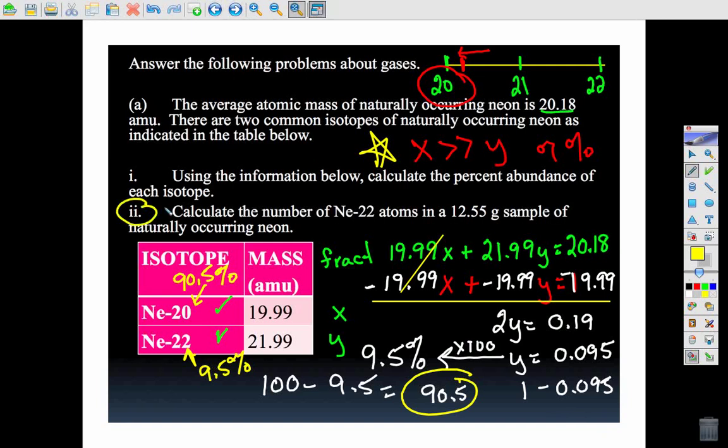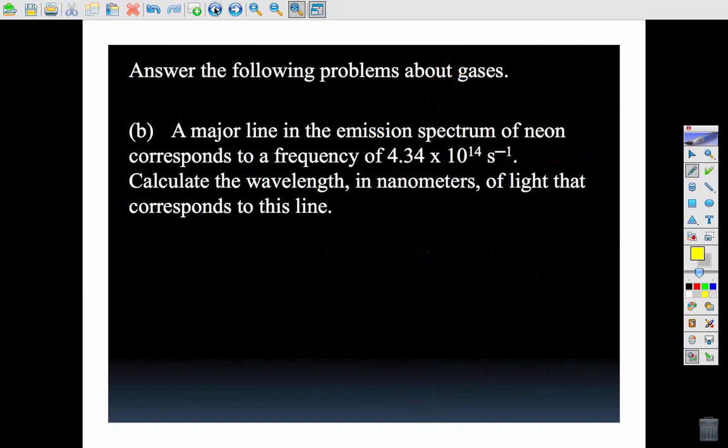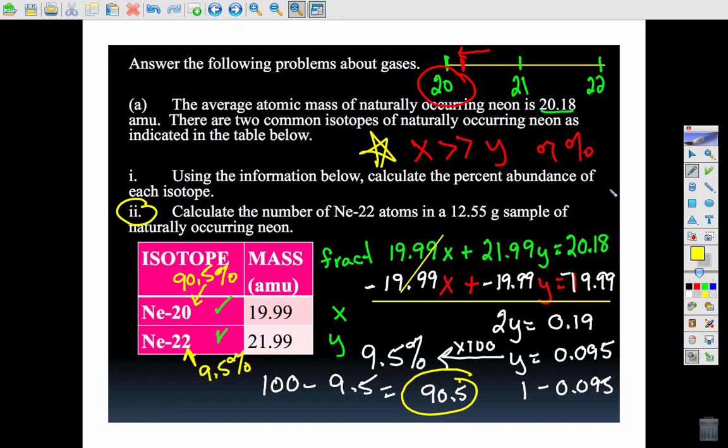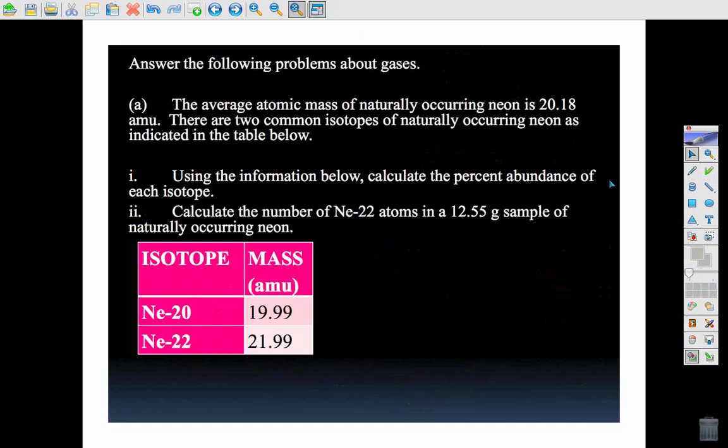This next one's going to give you a good idea of why I start with tools of the trade in stoichiometry. I know it seems so random, but as we continue through the year, I think you're going to get that a little bit better. So let's take a look at part 2. We have a 12.55 gram sample, and we want to go to atoms.